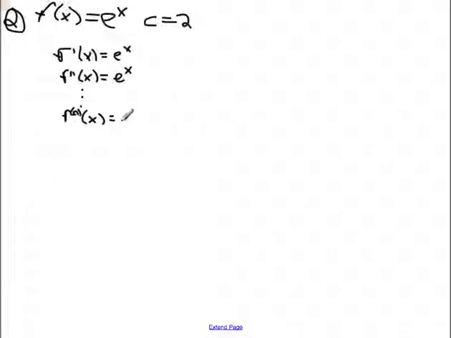It's still going to be the same old e to the x, no matter how many times we do it. Oh, we don't want to plug in 0, sorry, we wanted to plug in 2. So if we plug in 2 for any of these, we're going to get e squared, right? The nth derivative at 2 for this function is still always just e squared.